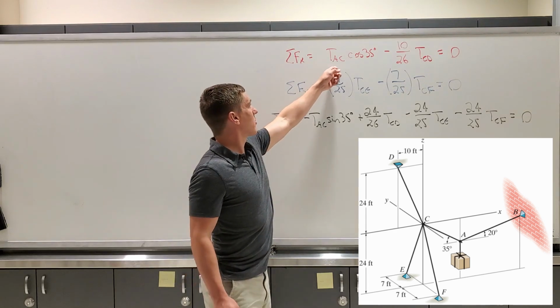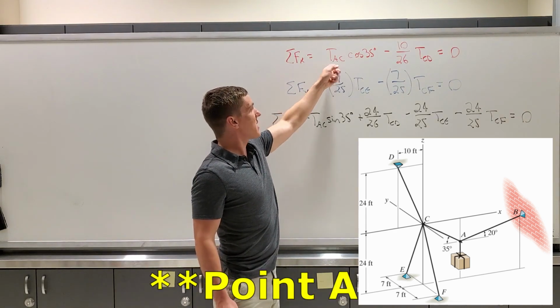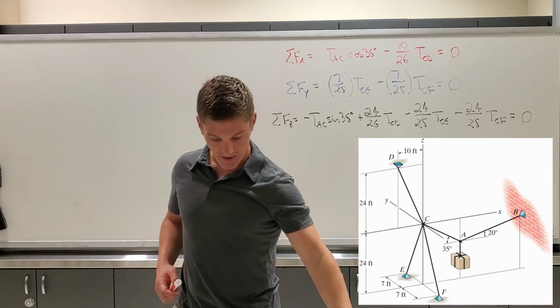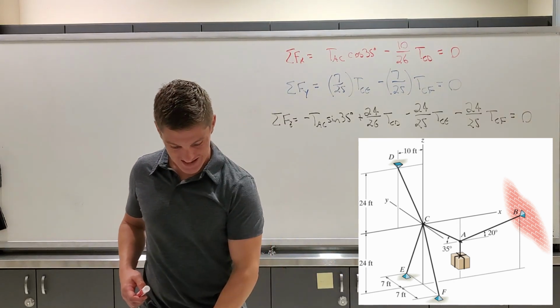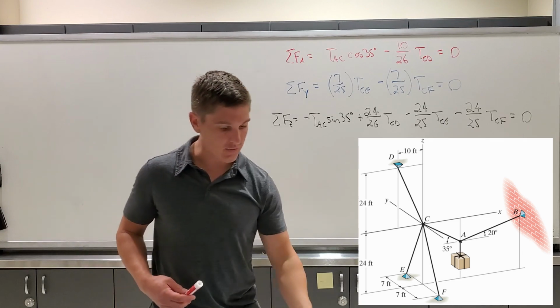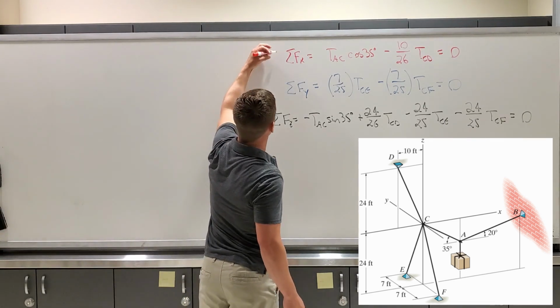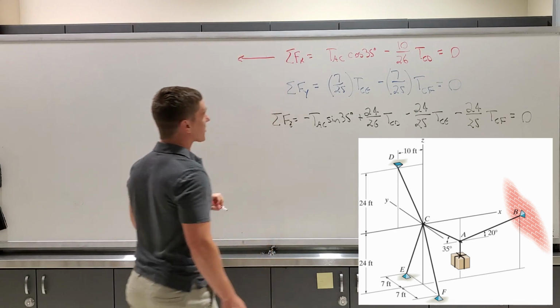Recall from the particle equilibrium of point B, we already found that TAC was 573.6 pounds. So we can go ahead and just solve this equation for TCD.